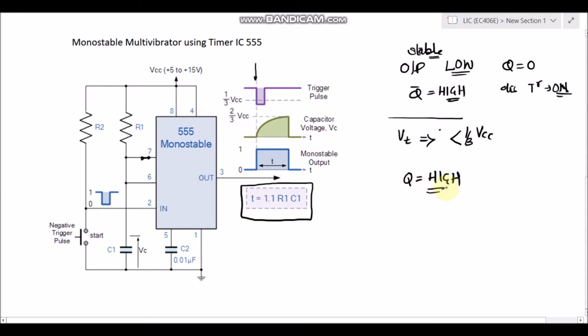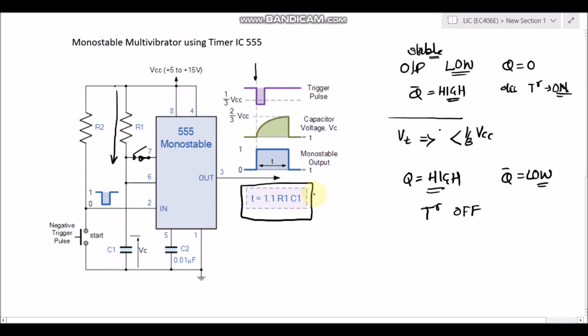As soon as the output is high, Q bar will be low. When Q bar is low, the discharge transistor will be off. When the discharge transistor is off, it acts as an open circuit. So now this capacitor will get a path to charge from VCC through R1 and C1.